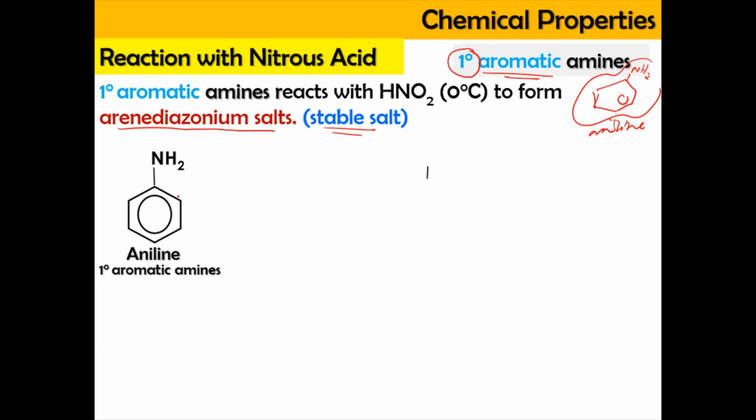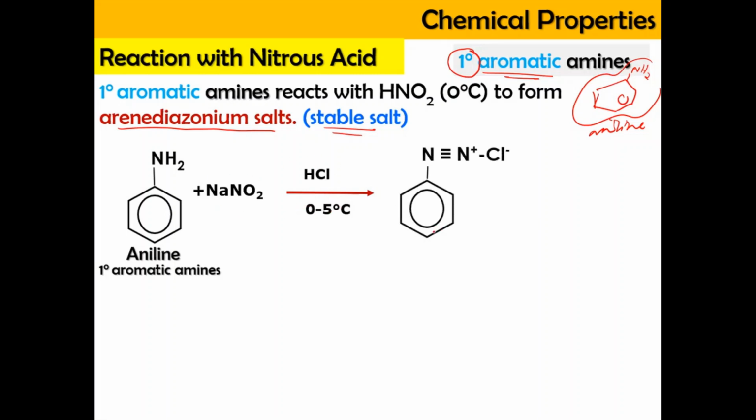So let's say you have a primary aromatic amine, which is aniline, it's going to react with sodium nitrite and HCl at low temperature, which is the nitrous acid, and what they're going to produce is an arene diazonium salt, or arene diazonium chloride salt because they have chloride.